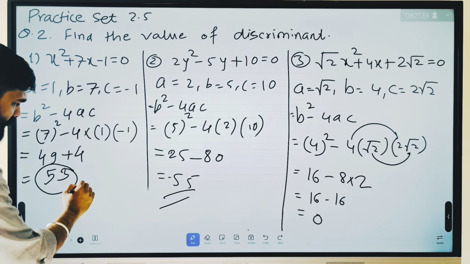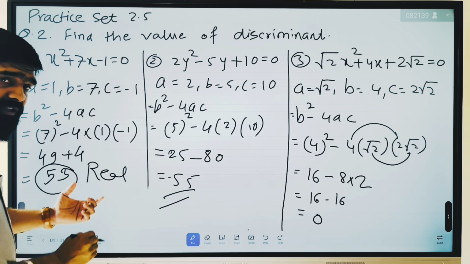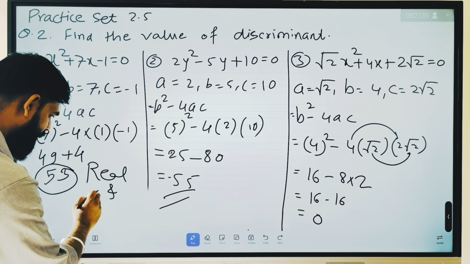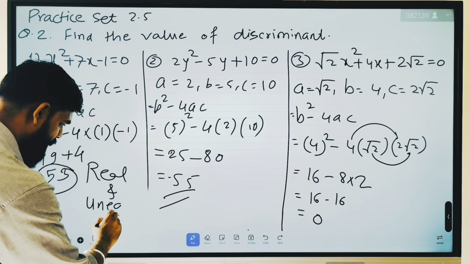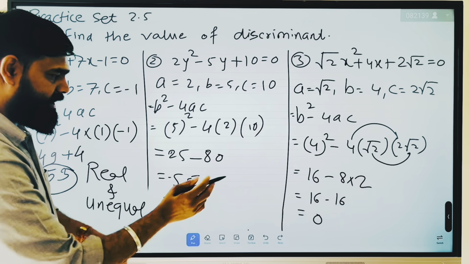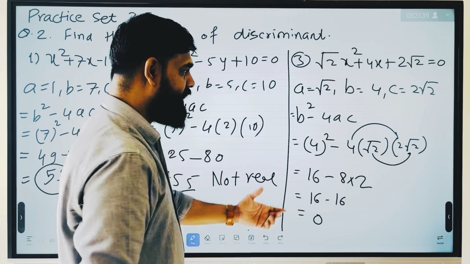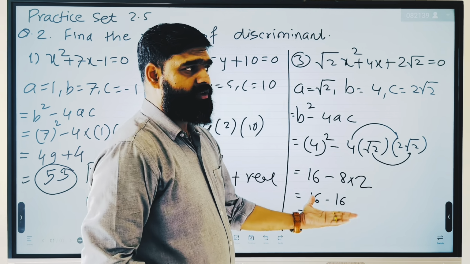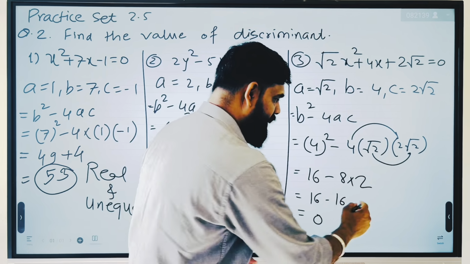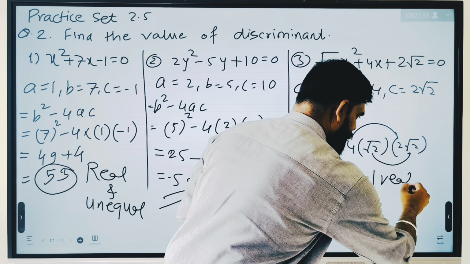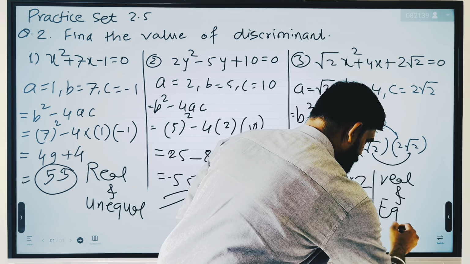In the first case, our nature of the root will be real and unequal. In the second case, not real. And in the third case, our roots will be real and equal.